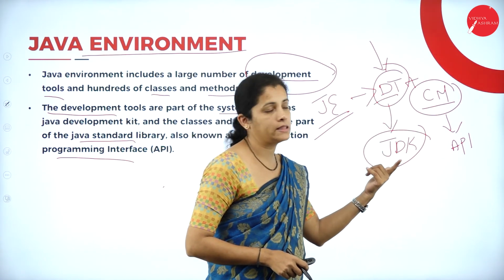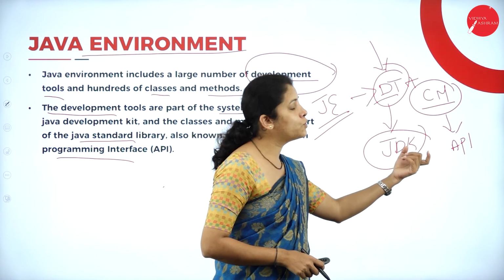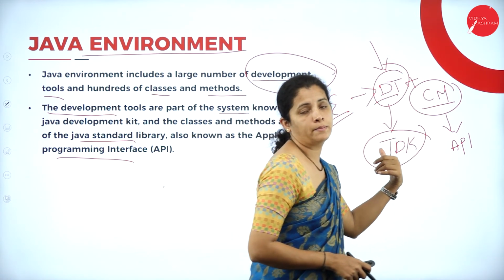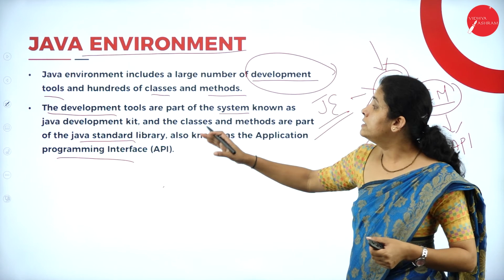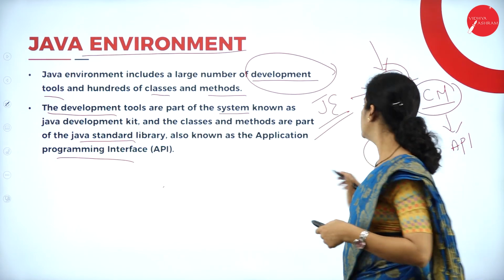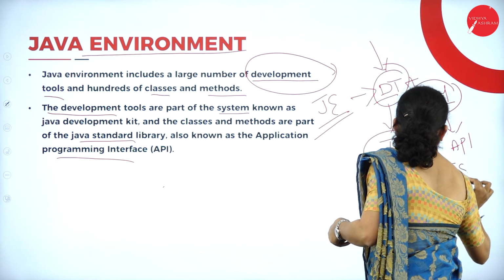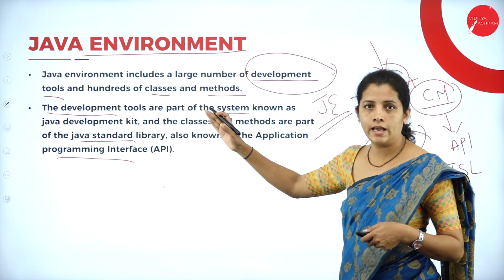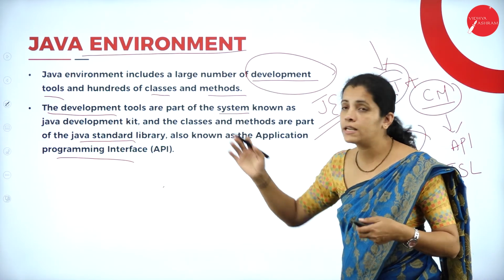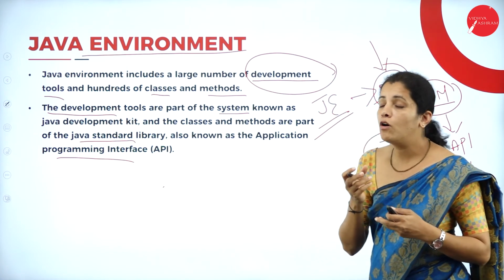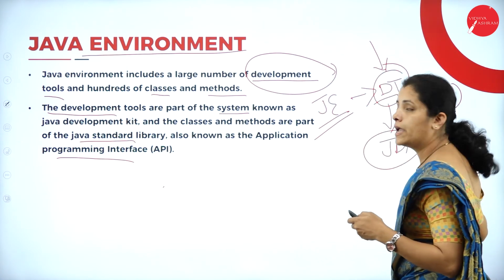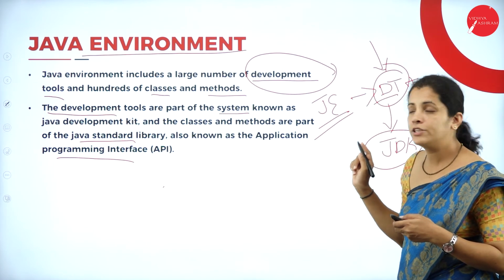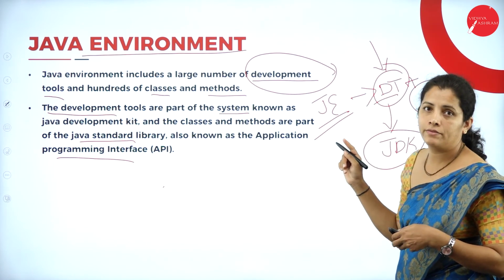What is API? That is Application Programming Interface. It is nothing but the standard library, that is JSL, the Java Standard Library. So here the Java Standard Library is also called API, that is Application Programming Interface.